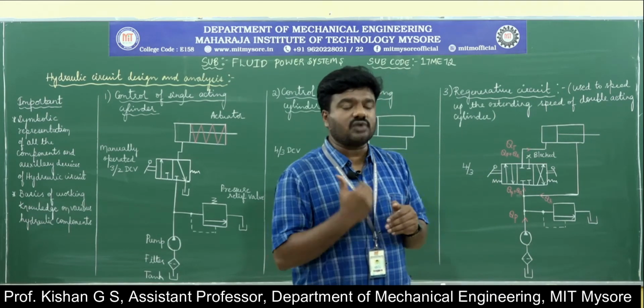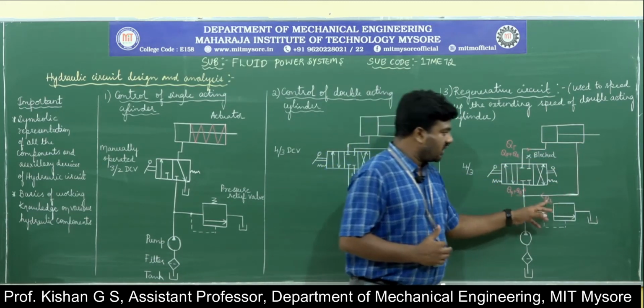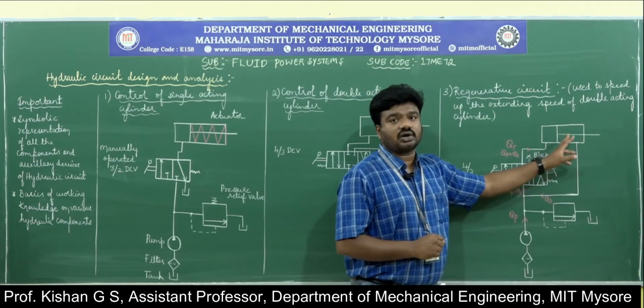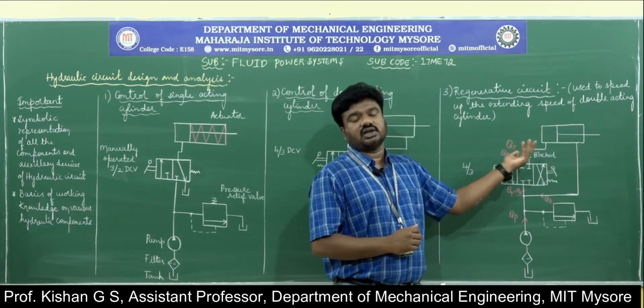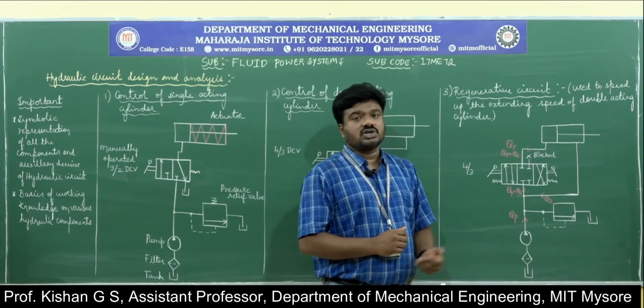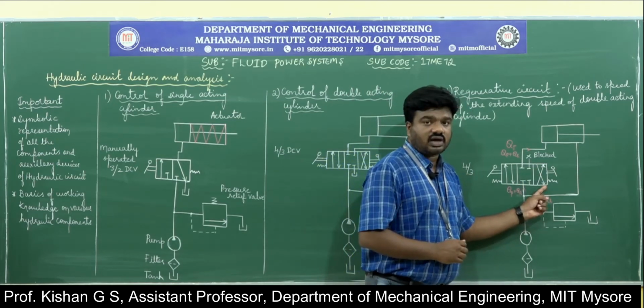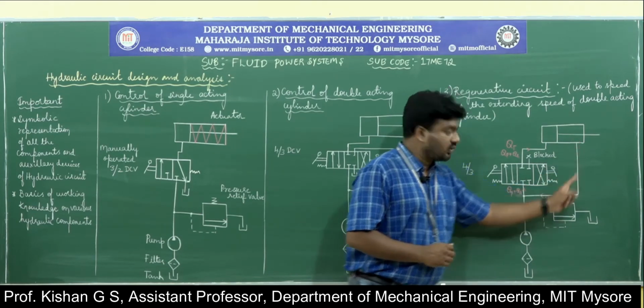Now we have to concentrate on the entire representation here. Whatever the way in which the retraction action in the actuator is being considered, along with the tank port here, there will be a bypass supply from system port B to the inlet.